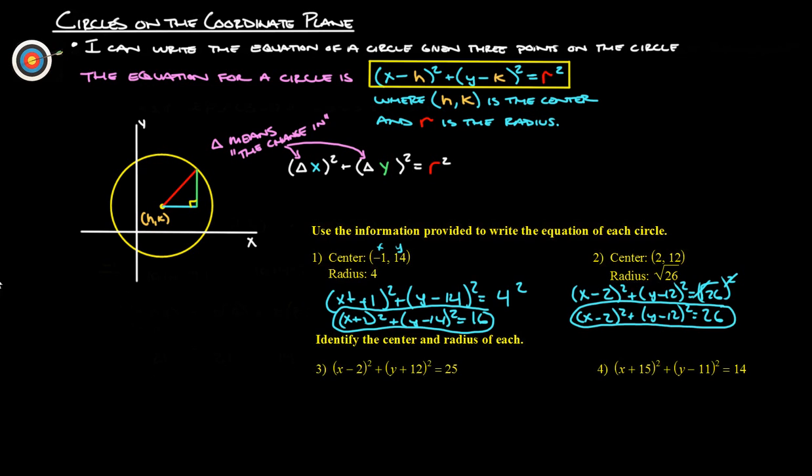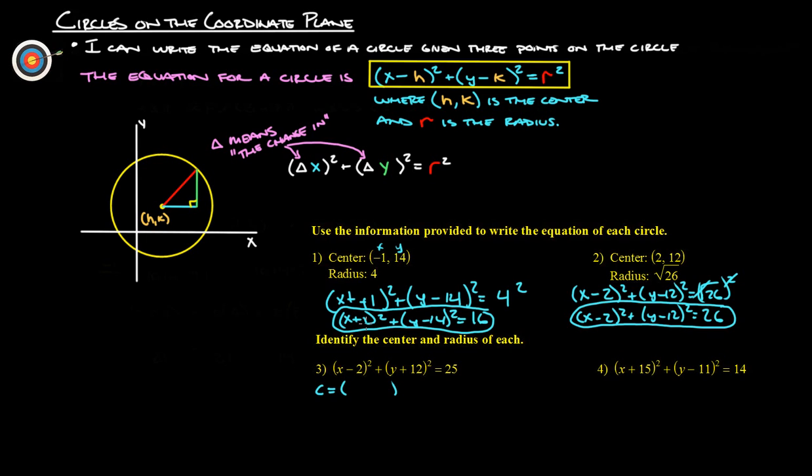All right, here's the other stuff that I had to squeeze in here. Identify the center and radius of each. The center is always going to be the opposite of whatever is here. The center was (-1, 14), and it was x plus 1 and y minus 14, so it's the opposite of these numbers.